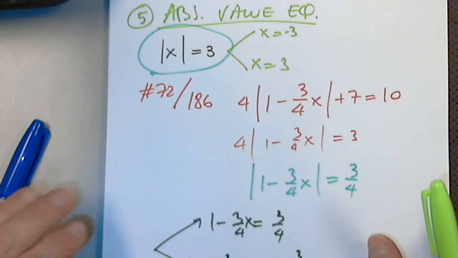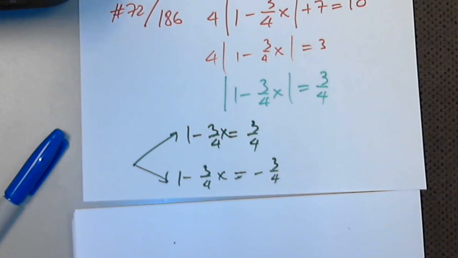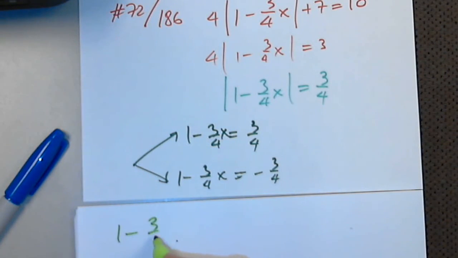Very good. Now let's decide what to do. How do I solve the equation 1 minus 3/4 x equals 3/4? What do I need to do first? Move the 1.